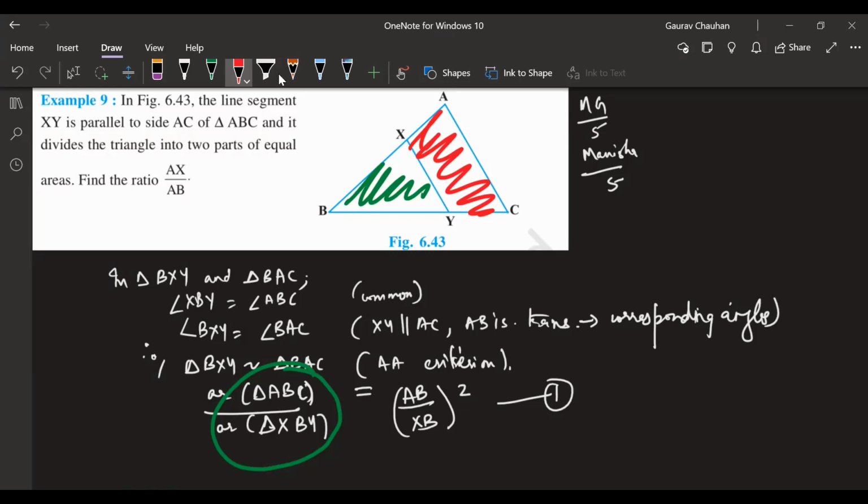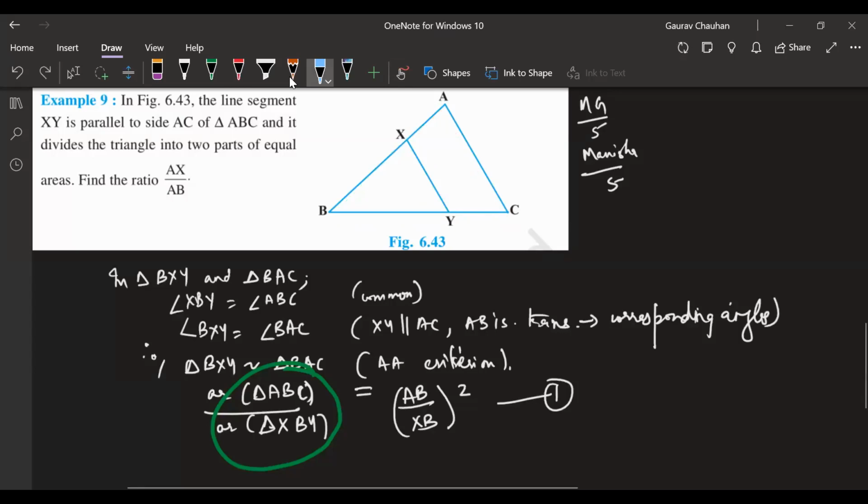So what will be the area of this full part ABC divided by this much part BXY? I see Dinesh is already raising his hand, but I'll give others a minute to think. Riza, are you sure? Take a minute to think which two things you are taking the ratio for.